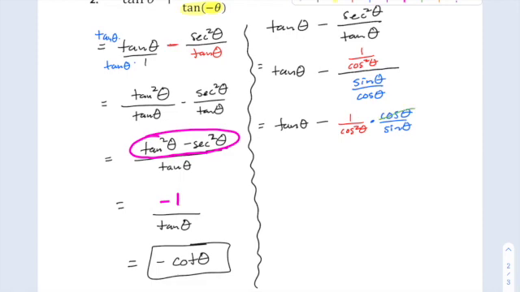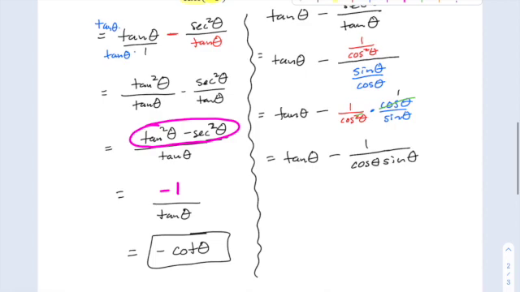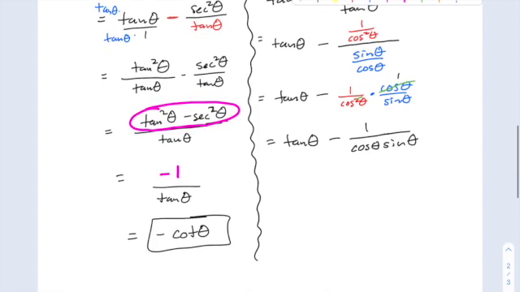That cosine there will cancel with one of those. I still have this tangent, which I haven't done anything with. But since that cosine canceled, that means you're going to have minus 1 over cosine of theta sine of theta, which, you know, doesn't look great, but hey, we're going to go with it.